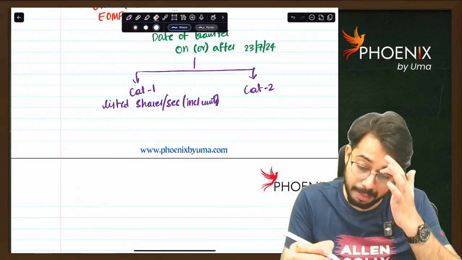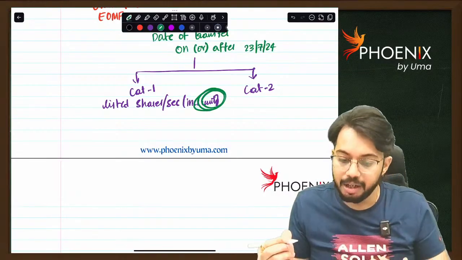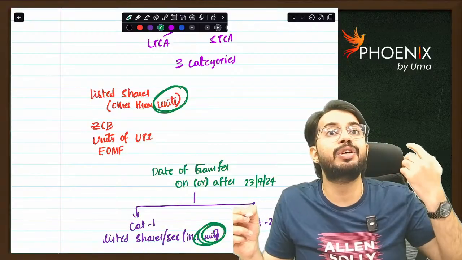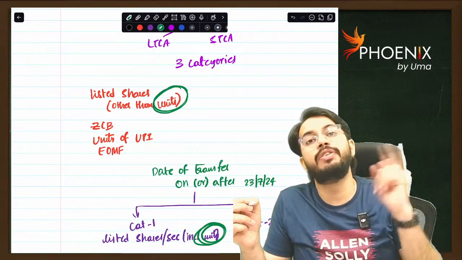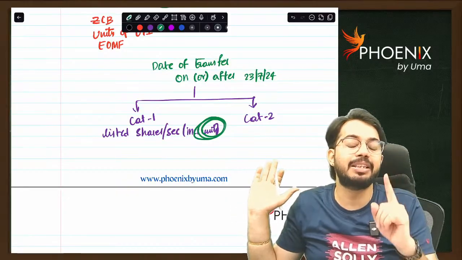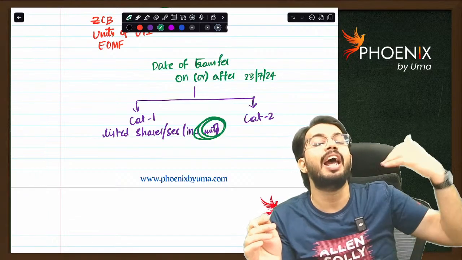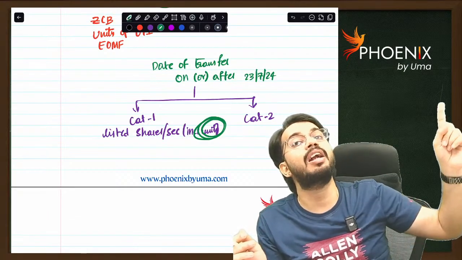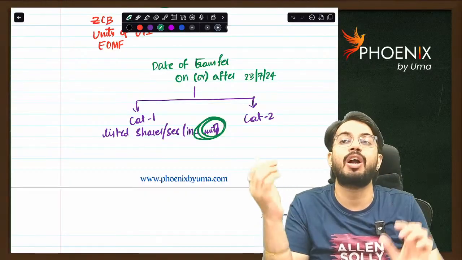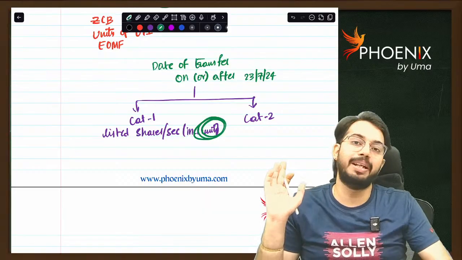This is the amendment. See, before 23rd July, listed units are excluded from category 1. But on or after 23rd July, listed units are also included in category 1. That is the major difference, major amendment. Before 23rd July, listed units are excluded from category 1. They will fall under category 3. But on or after 23rd July 2024, listed units also fall under category 1. For listed units also, criteria is 12 months. Are you able to understand?